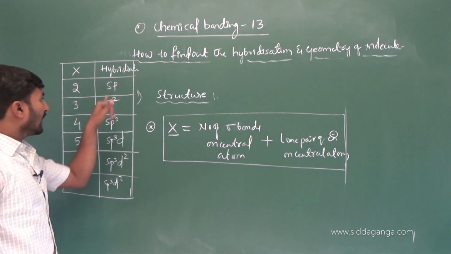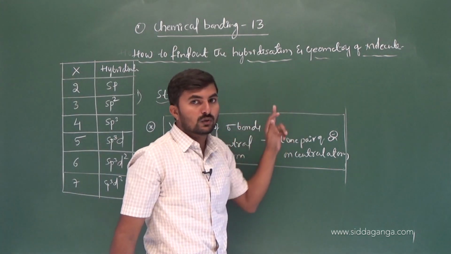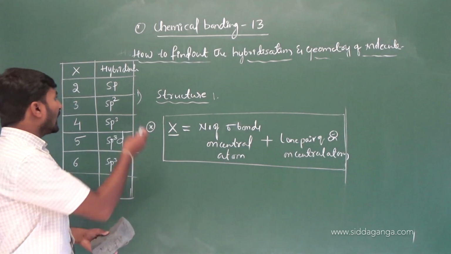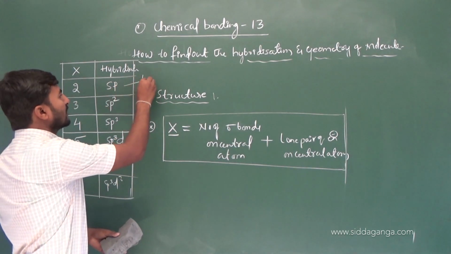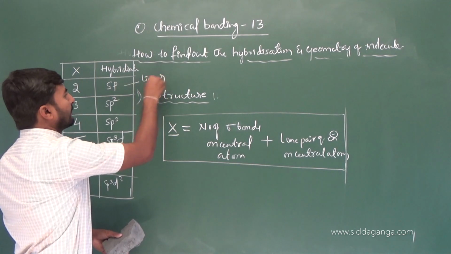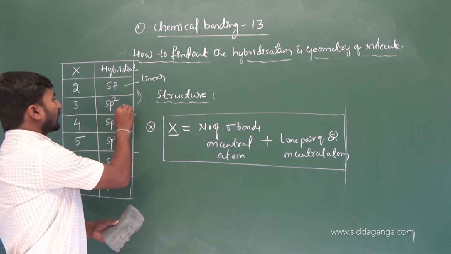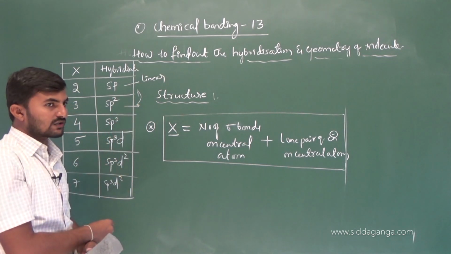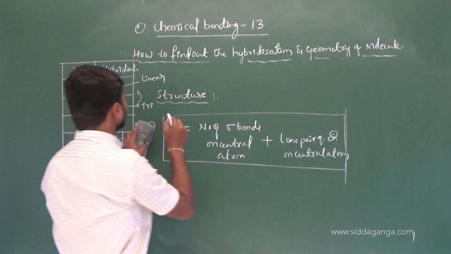By finding out the hybridization of the molecule, we can easily predict the geometry of the molecule, because if the hybridization of the molecule is sp, then it exhibits linear geometry. If it is sp2 hybridization, then its geometry will be trigonal planar.